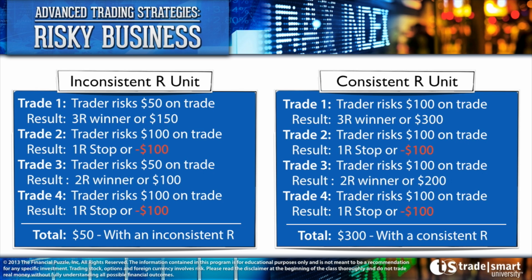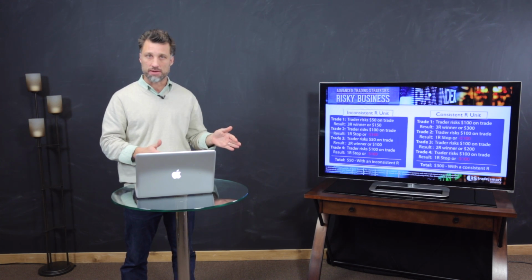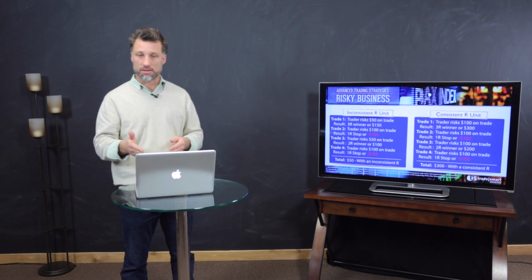Mostly that happens because traders have a propensity to change their R unit based on how their last trade did. You have to think in probabilities and in consistency. The stock market is random, and there are so many unknown variables. The way to profit in a random environment is to be consistent and set yourself up from a probability standpoint to win. So be the consistent R trader, not the inconsistent one.